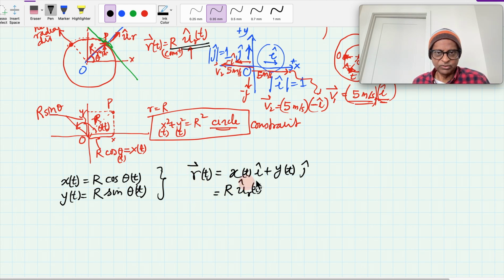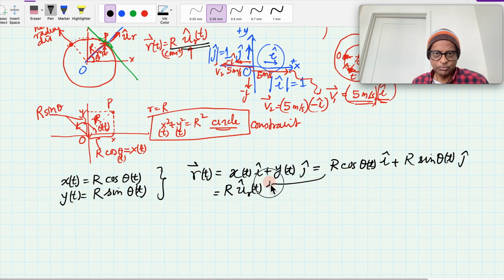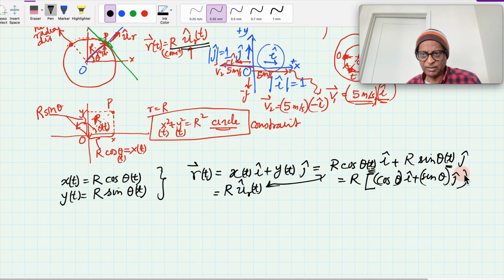Either way you can write it, but we can express this a little more explicitly in terms of R. So this is R cosine theta of t i hat plus R sine theta of t j hat. When you compare, taking R common, cosine theta i hat plus sine theta j hat, just dropping the t dependence indicator for simplicity.